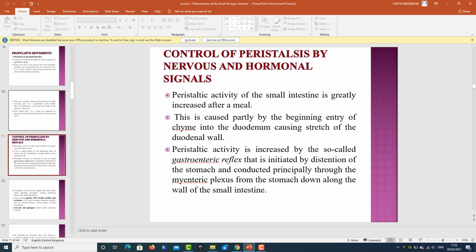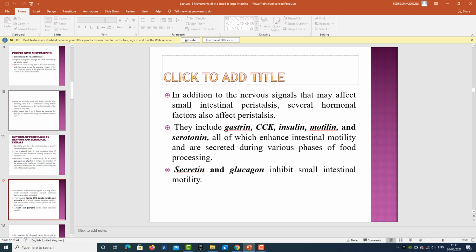Peristaltic activity is also increased by the gastroenteric reflex, which is initiated by distension of the stomach and conducted via the myenteric plexus from the stomach down to the wall of the small intestine. See how important this nerve plexus is, controlling the movements and the secretion of the gut. It can enhance, reduce, or undermine its activity.